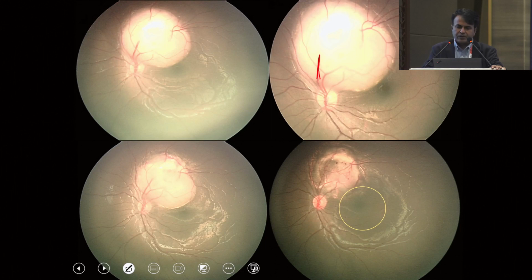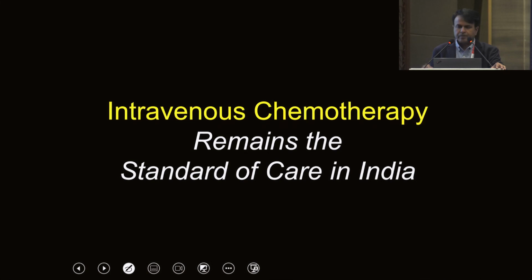At the end of one cycle, you can see initially the tumor was abutting the fovea. After one cycle, the tumor has left the fovea slightly and has regressed towards its source of blood supply. After 6 cycles, the tumor has completely left the fovea macula and has regressed towards the supratemporal arcade. So you can maximize vision by giving chemotherapy in a patient who has a posterior polar location. Third advantage, of course, is that retinal detachment goes away very early in the course of treatment.